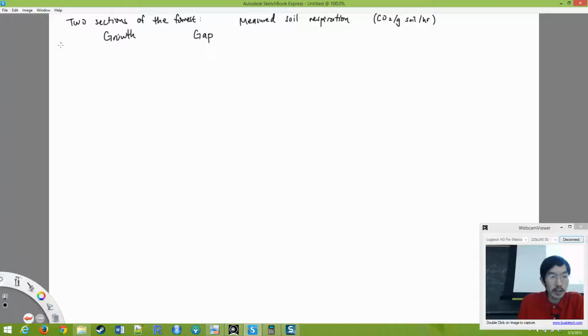Make sure when you're writing your data, you leave a column to the left and to the right of what you do. We're going to put the data in order from least to greatest for both of these.